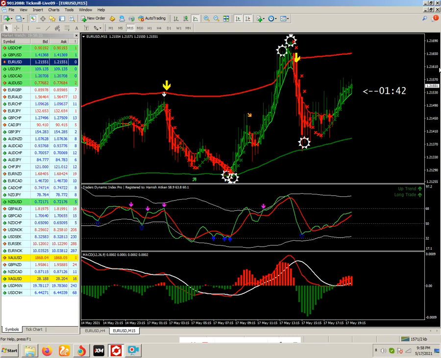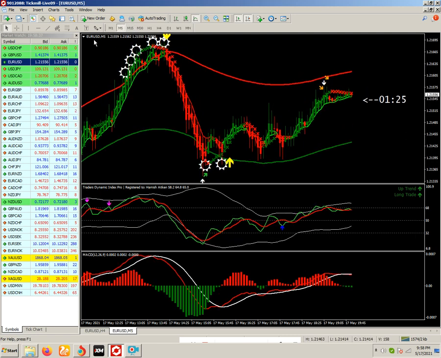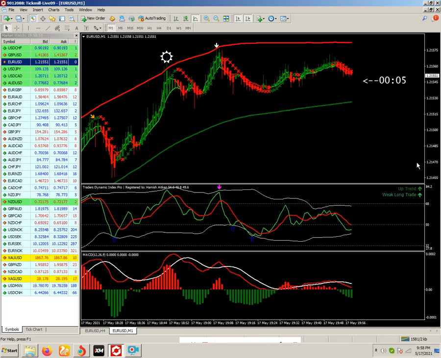If you want to trade in binary, you select the M5, 5 minutes time frame, and you can sell here. And in binary options, if you set the time to 5 minutes, you will close your trade in profit. In the M1, 1 minute time frame also you can make the trade.